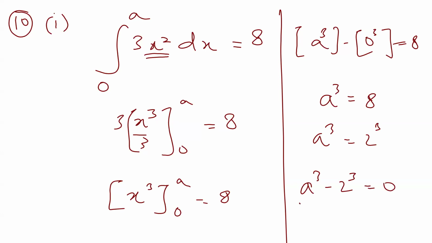What is a cube minus b cube? A minus b. See, we are doing this because we cannot directly say that a is equal to 2, because a cube is there. So there will be three different roots of a, three values of a. We cannot just be satisfied with one value, that is 2. Okay, first copy this much.